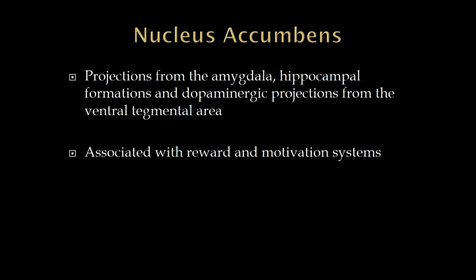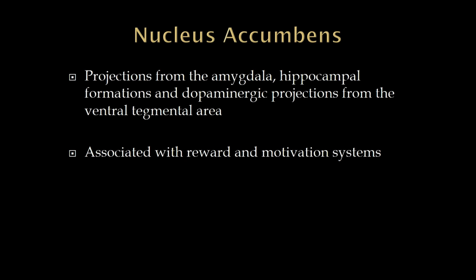So what is a nucleus accumbens? It gets projections from both the amygdala and the hippocampus, okay, and from an area in the brainstem called the ventral tegmental area. Sorry, we're not at the brainstem yet, but we'll talk about the ventral tegmental area. And a lot of these are dopamine projections to the nucleus accumbens.